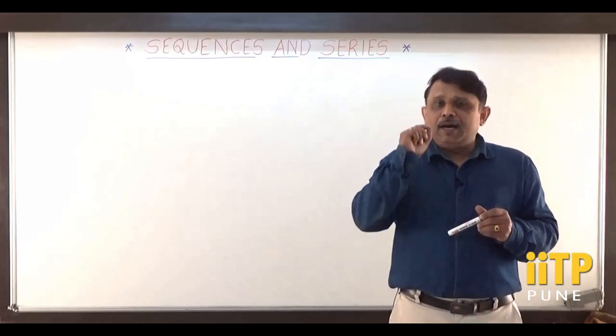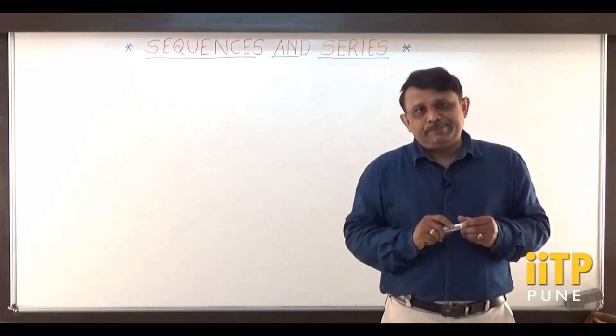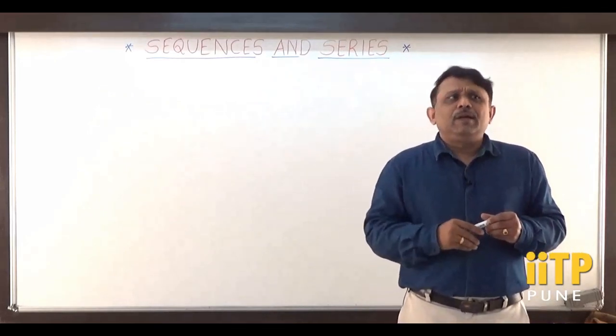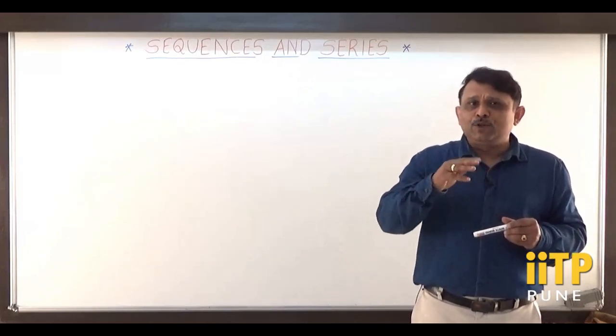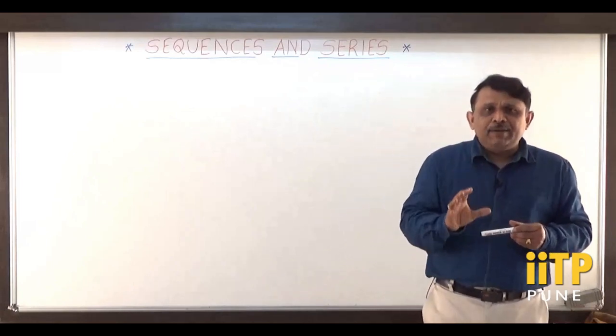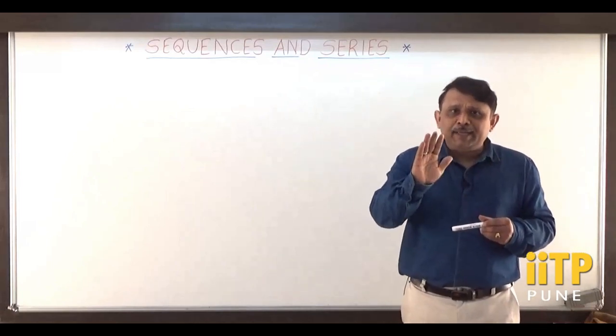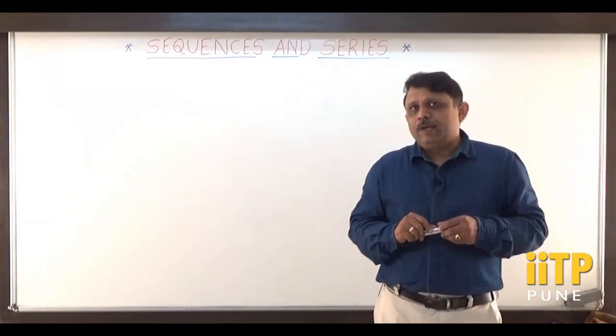Third is harmonic sequence or harmonic progression. There is one more which is called arithmetico-geometric sequence or arithmetico-geometric progression, that we will see later. Initially, we will focus on arithmetic progression or arithmetic sequence.